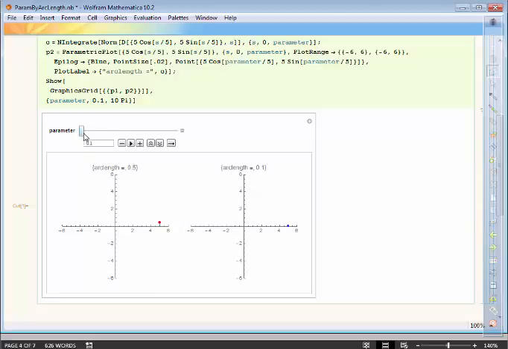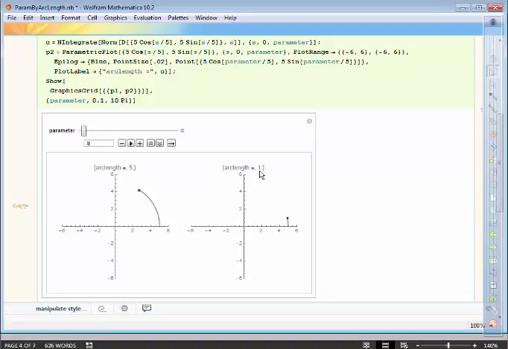What that means is that these are the values of my parameter here, and these up here are the values of the arc length as I'm moving around my parameter. So with a regular parameterization, if my parameter t is at 1, I can see that my arc length here is 5.